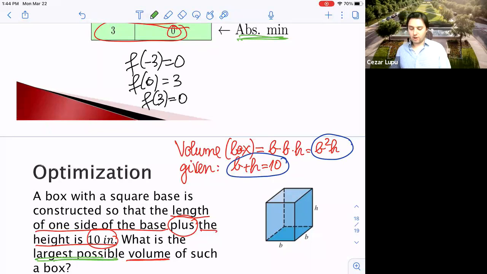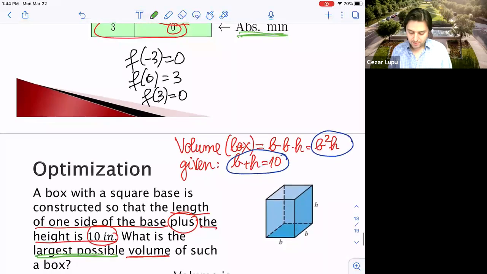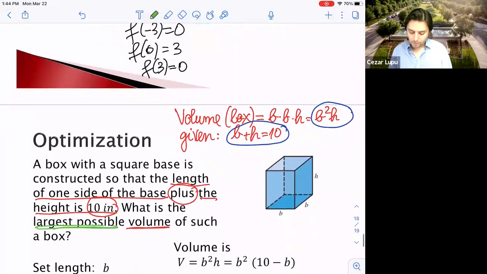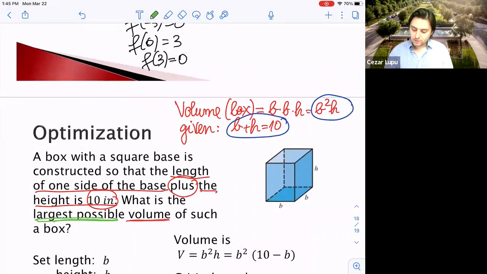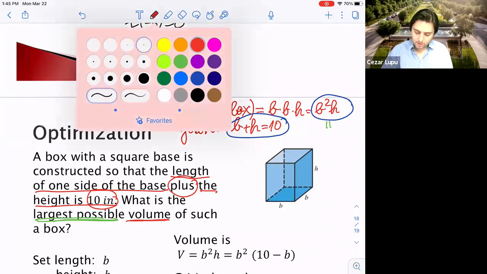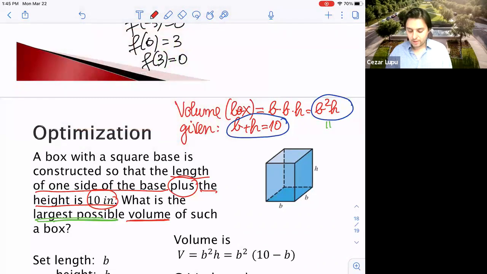All right, great. So let's write it here a bit. So as you can see, we have this. So this guy here, let me write it in red. We know that H from here is 10 minus B. So let's plug this one here and here.